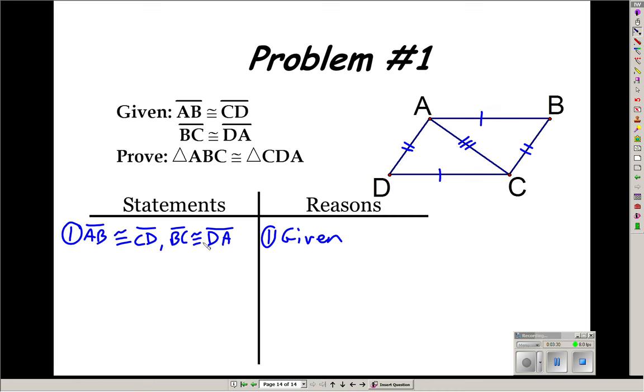That's 2 pairs of sides, which is not enough to say the triangles are congruent. Well, say the next piece, the side that they share. Segment AC is congruent to segment AC, and the reason that's true is because anything is congruent to itself. That's the reflexive property.